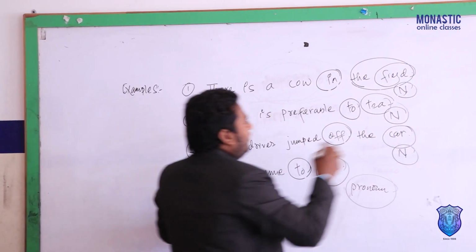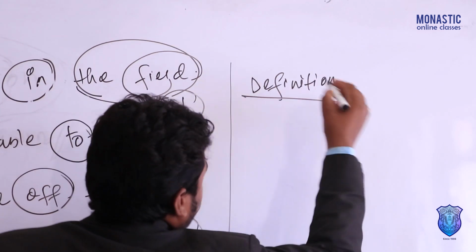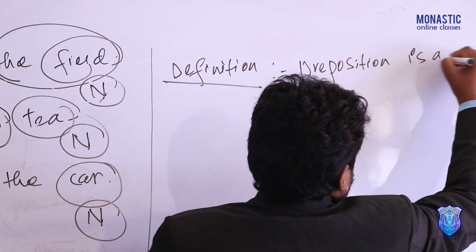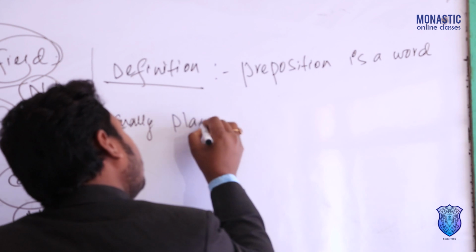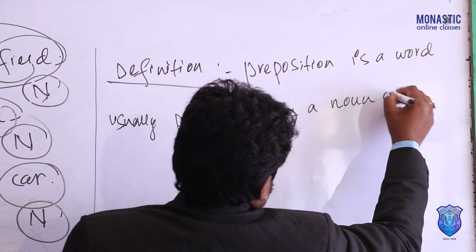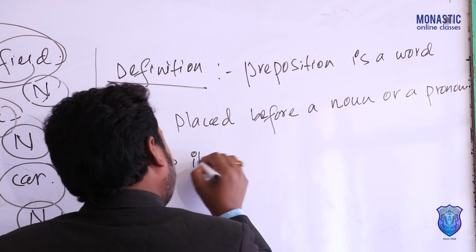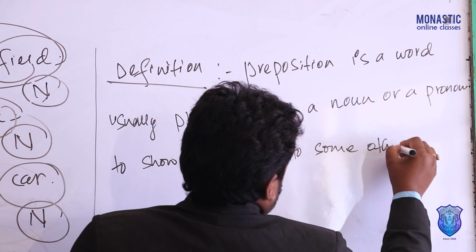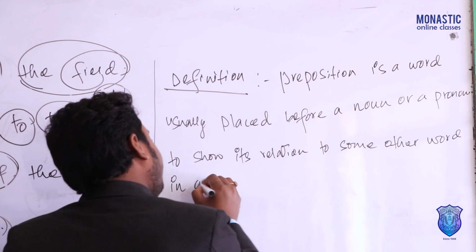The definition is that a preposition is a word usually placed before a noun or a pronoun to show its relation to some other word in a sentence.